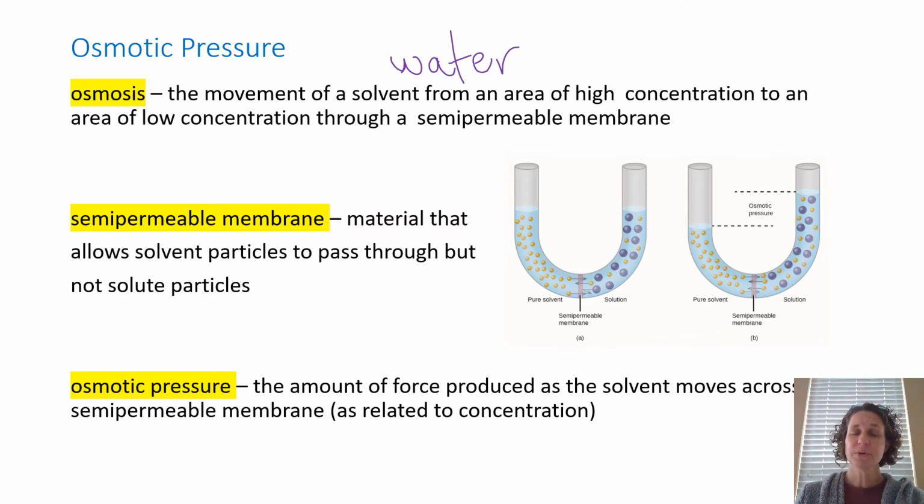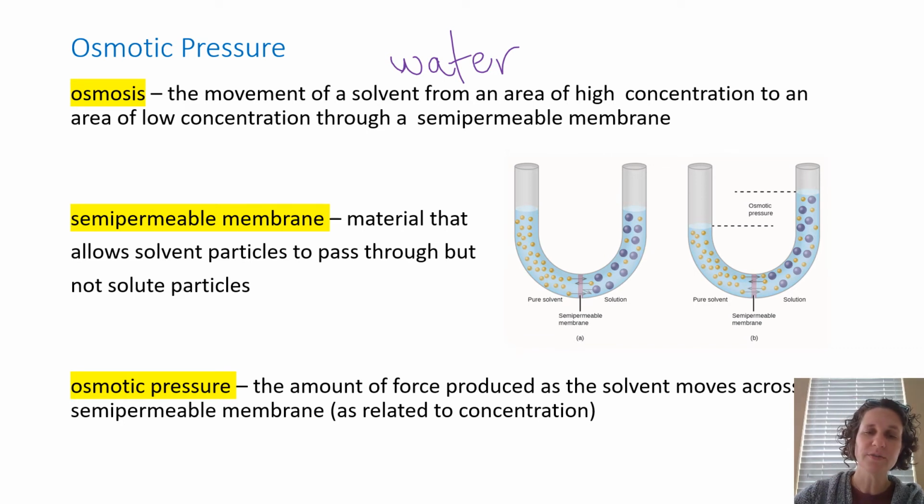And it will move through a semi-permeable membrane, and this membrane will allow the water to pass through, but not other particles. These little U tubes on the screen, the yellow dots are pure solvent, so that's like the pure water. And then over on the other side where it has the bigger purple dots, that is a solution.